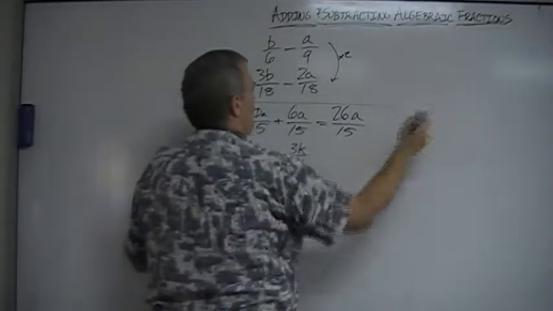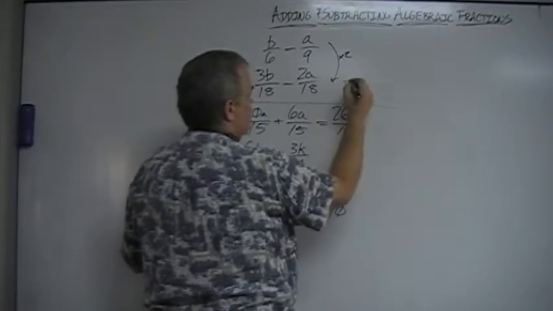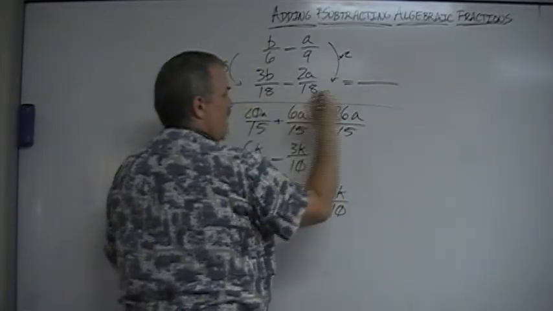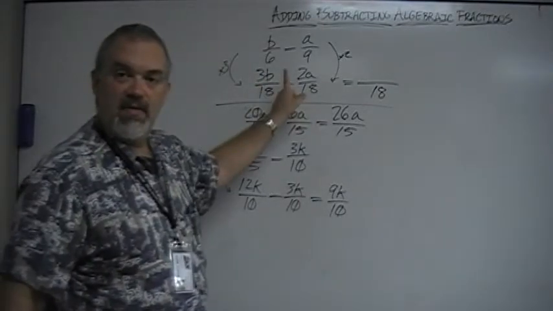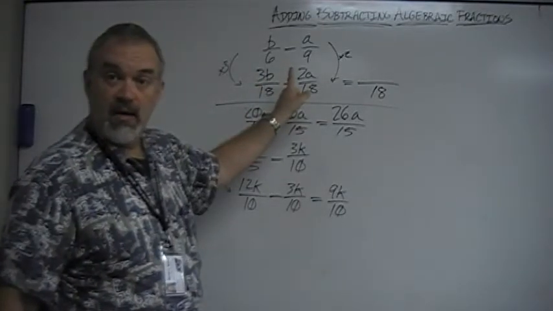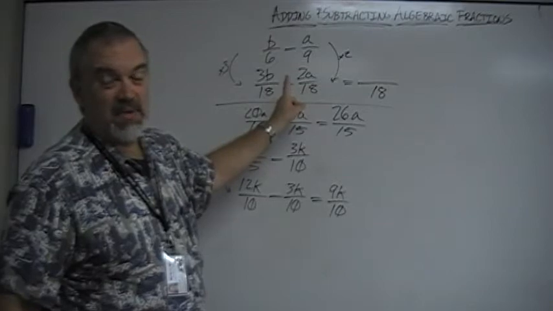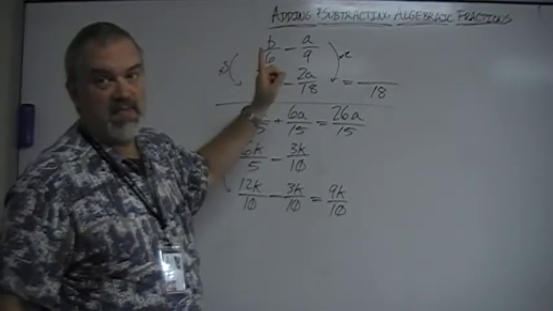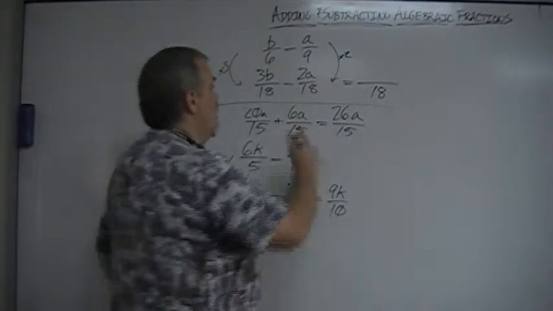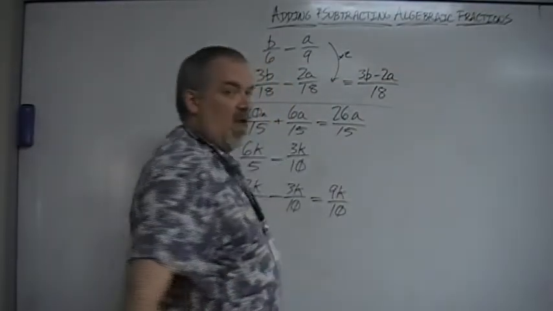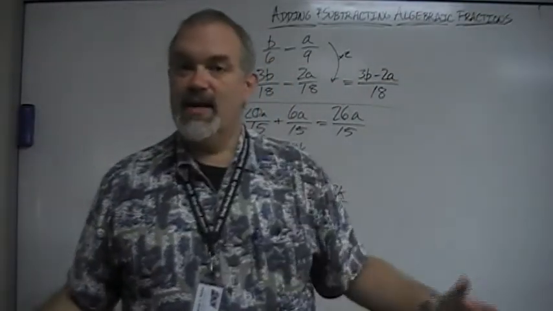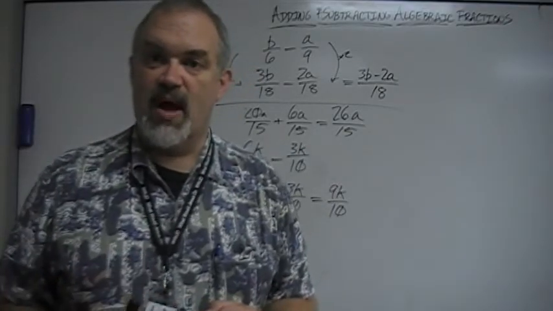Then, we're going to have 18 on the bottom. Now, can we subtract 2a from 3b? No. Why not? Not like terms. Not the same pronumeral raised to the same power, so we can't do that. Well, we just have to write 3b minus 2a, and we're finished. And that is adding and subtracting algebraic fractions.